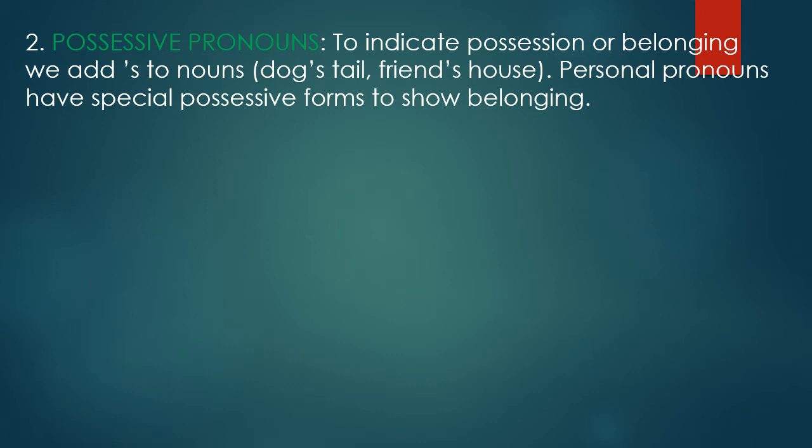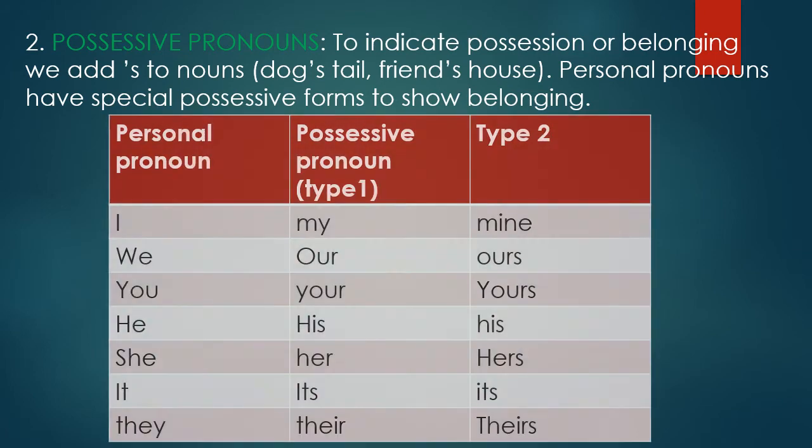Personal pronouns have special possessive forms to show belonging. Let's understand this case with the help of a small box. In the first column, we have got the personal pronoun. In the second column, possessive pronouns type 1, and in the third column, possessive pronoun type 2.